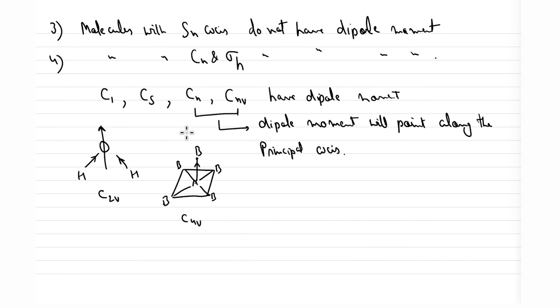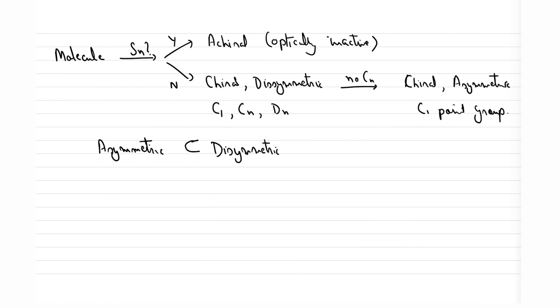Based on point group classification, you can identify at least two physical properties of the molecule, which is a big deal in itself, right? Okay, so that finishes our discussion on symmetry and point groups.